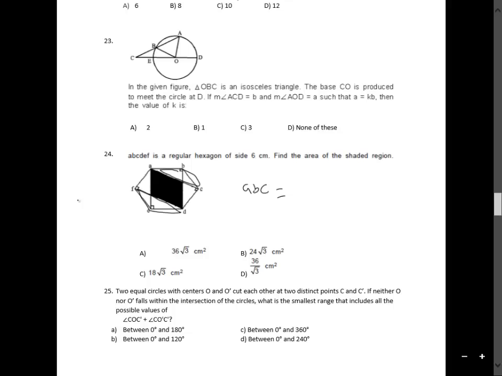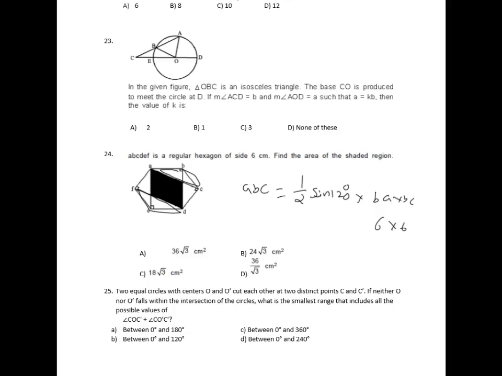I told you just now: half into sine 120 degrees into BA into BC, that is 6 into 6. Now you can find it out.